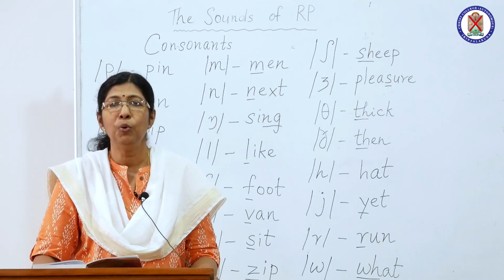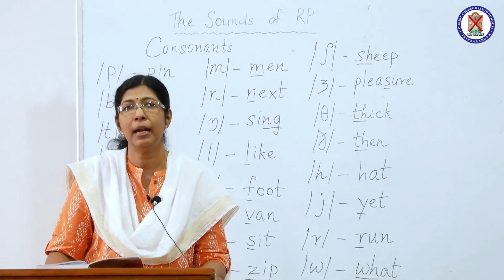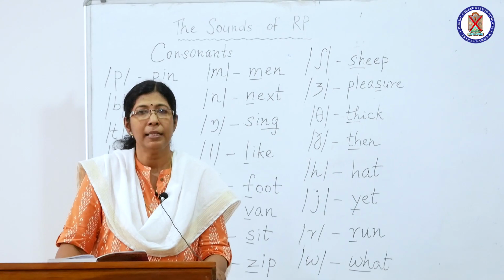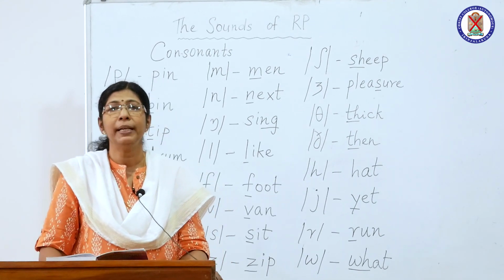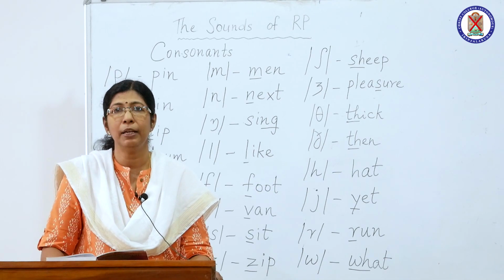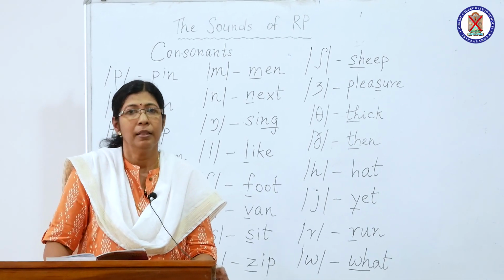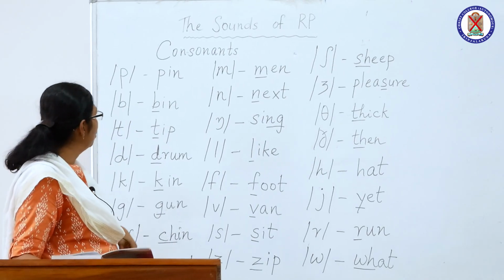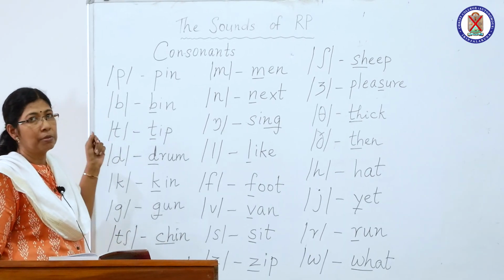Moving on to the consonants in RP. As I said earlier, there are 24 consonants in this single variety of English. The 24 consonants include these sounds.